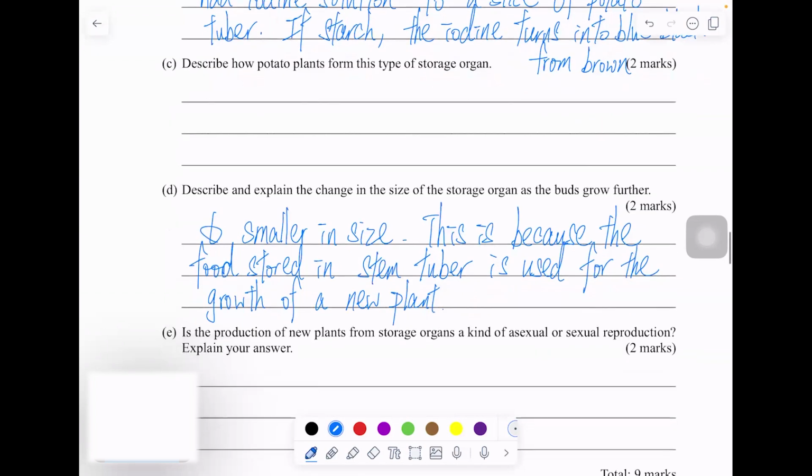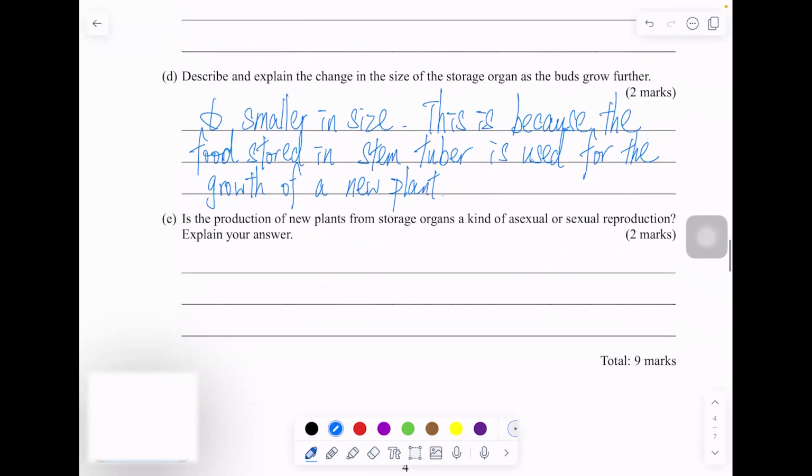Then next is the production of new plants from the storage organ, a kind of asexual or sexual reproduction. Definitely it would be a kind of asexual reproduction. Why?